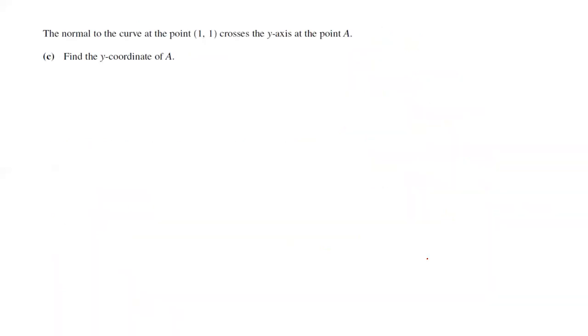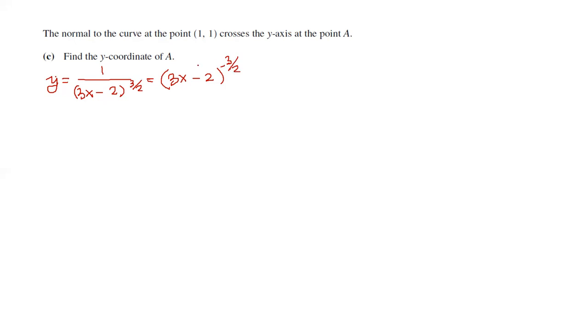The next one, the normal to the curve at the point (1, 1) crosses the y-axis at the point A. Okay, find the y coordinate of A. Okay, recall that the function y equal 1 over (3x minus 2) to the power 3/2, or we may simplify as (3x minus 2) to the power negative 3/2, like this.